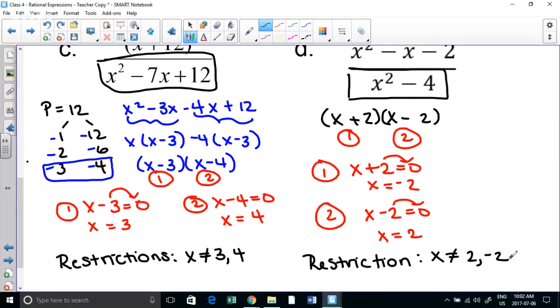So this is a new thing that you didn't do with fractions before. And this is the only thing that's new. So each of the other things that we're going to do with rational expressions are the different things that you learned how to do with fractions. We good to move on?